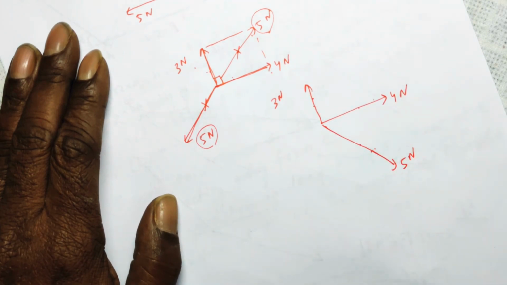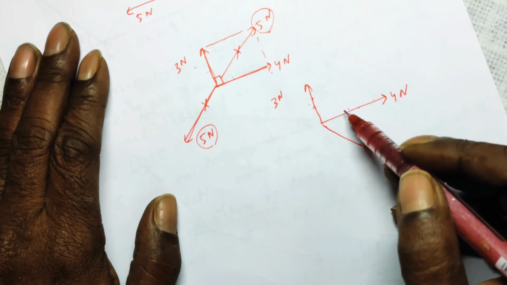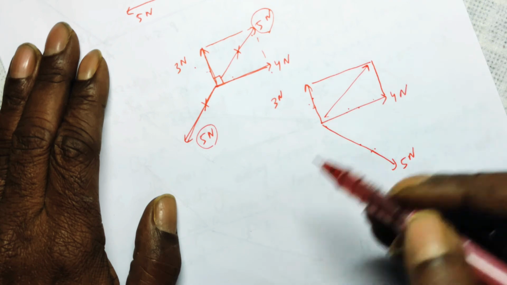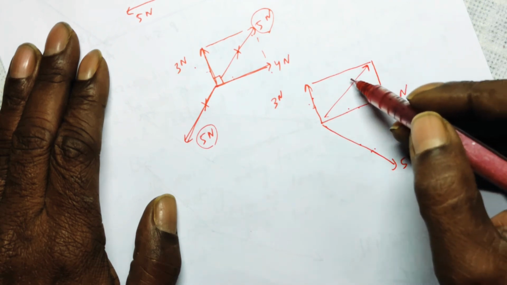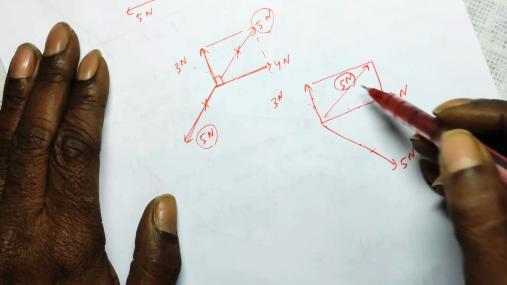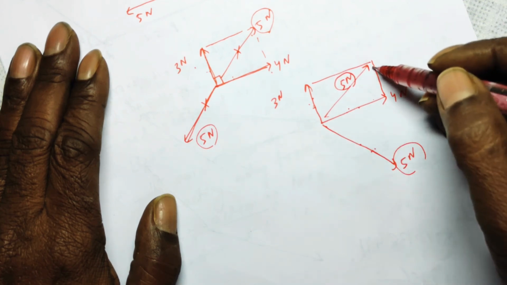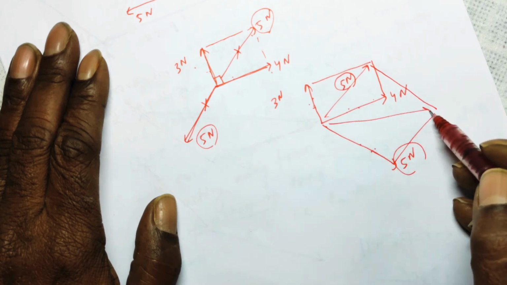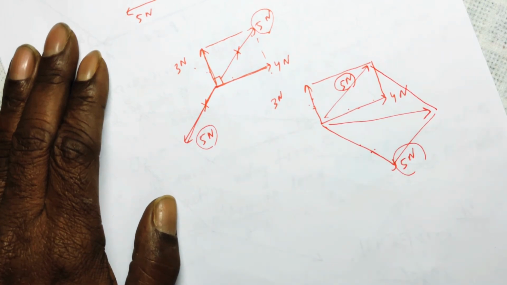No. Because the resultant of these two will be pointing to this side, which will be 5 Newton. And again the resultant of this 5 Newton and this 5 Newton, if you construct a parallelogram, will be pointing to this side, which is not 0.